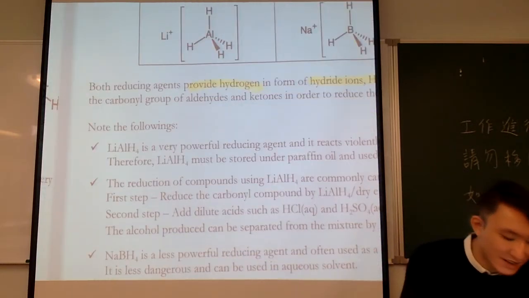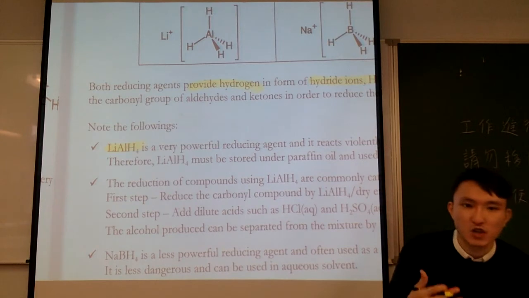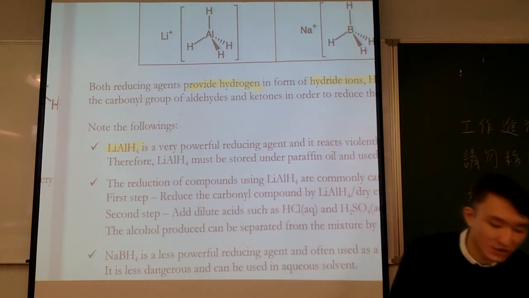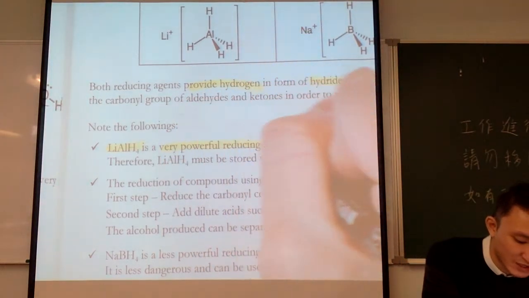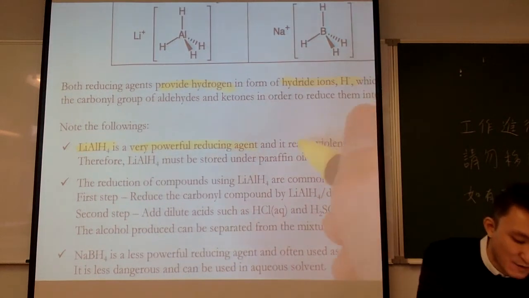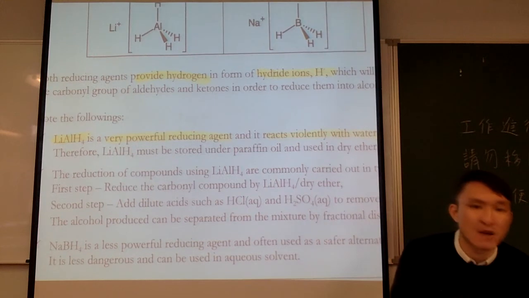Well, it turns out that lithium aluminum hydride is a much more powerful reducing agent, much stronger than sodium boron hydride. It's so powerful that it can react violently with water. When something is powerful, that means it is very reactive.